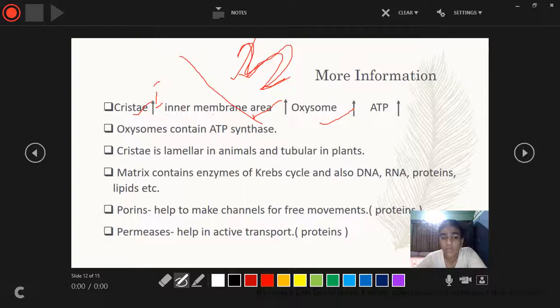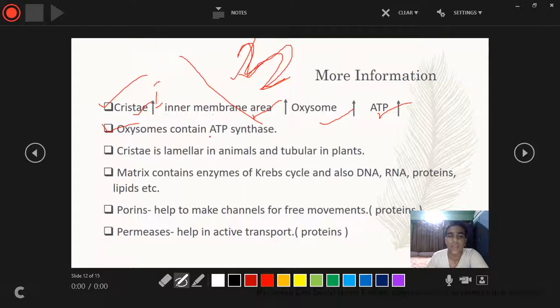So the more the cristae, the more the area, and the more space for oxysomes. We know that for oxysomes only ATP production is possible. So the more oxysomes, the more ATP, and thus more energy. So cristae are a very important part of mitochondria, and oxysomes contain ATP synthase.